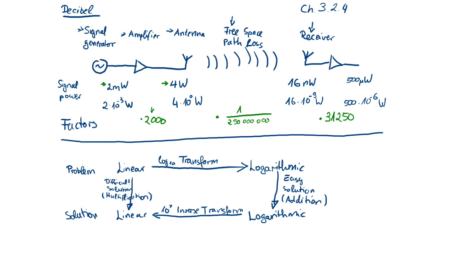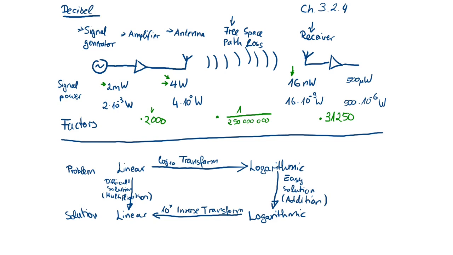on the way to the receiver, and the power at the receiver is 60 nanowatts, so it's very, very low compared to the 4 watts at our transmitter antenna.